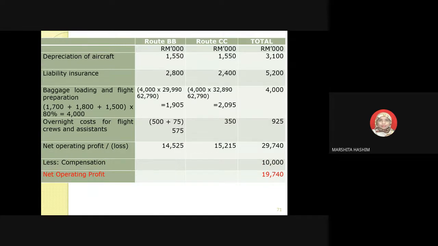Finally, net operating profit is 19,740. This is your final profit for the company as a whole.